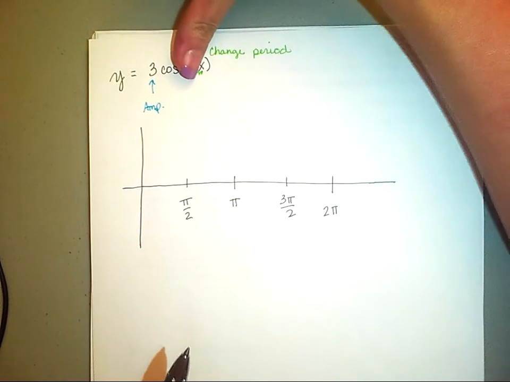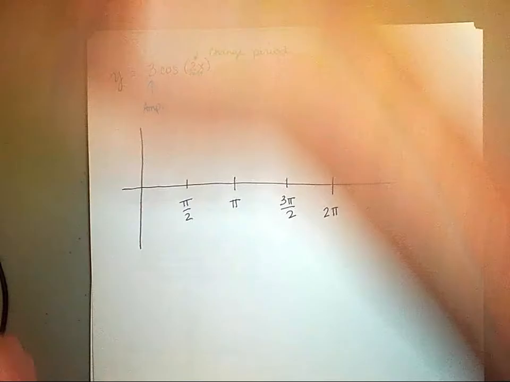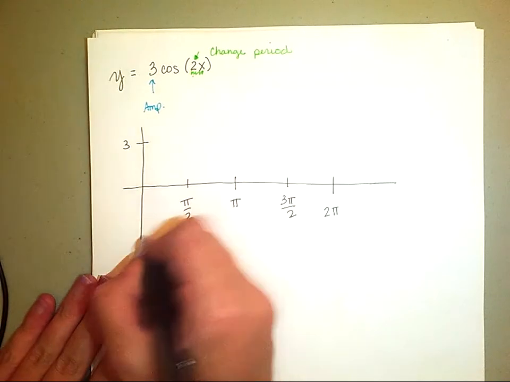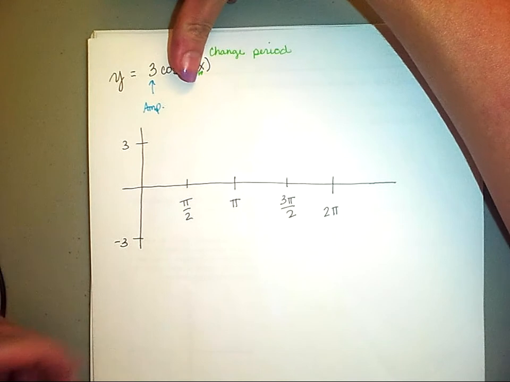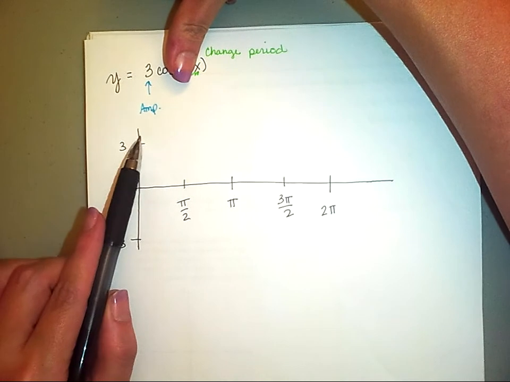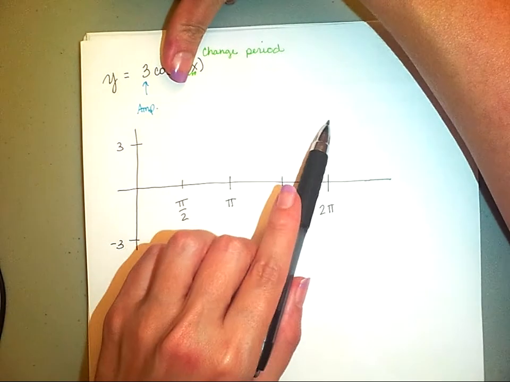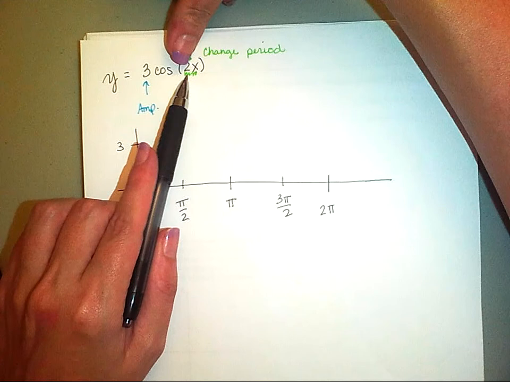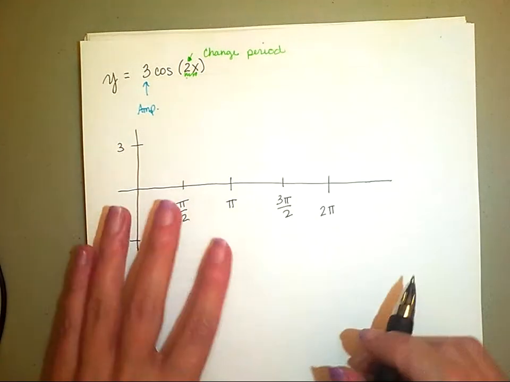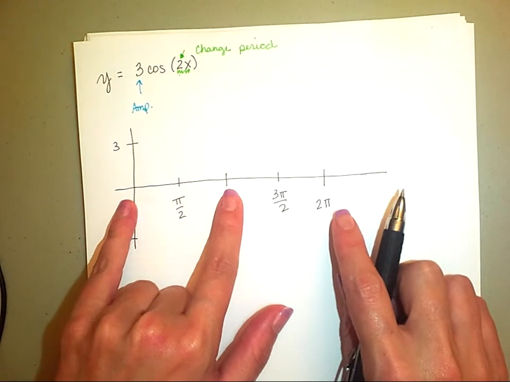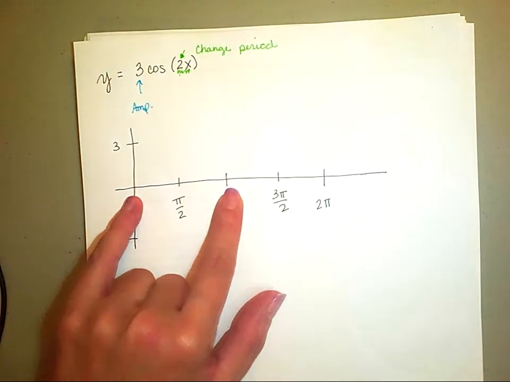If it was just 3 times the cosine of x, the amplitude would be 3, and with just x there would be 1 cycle, starting up top and coming down below in between here. But now I can get 2 of them in. So if I can get 2 of them in, the period is no longer 2 pi, it is simply pi.